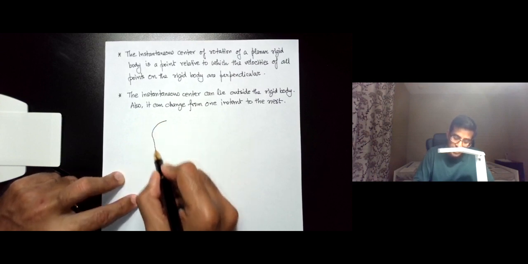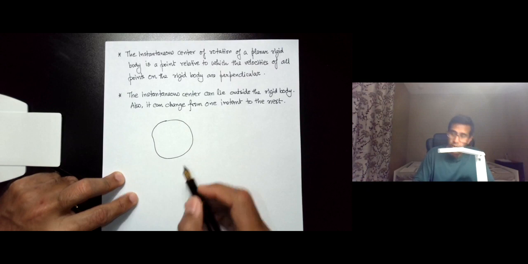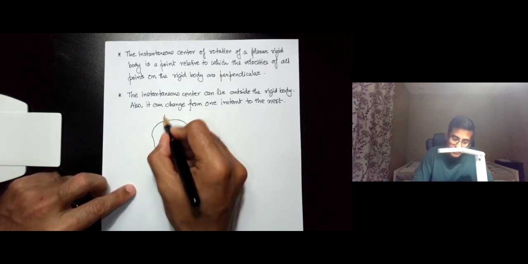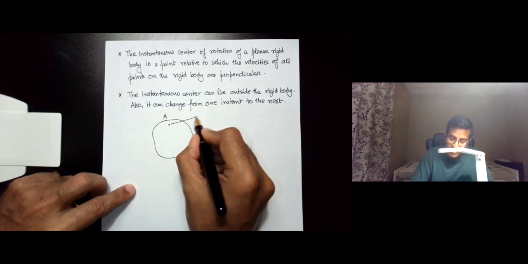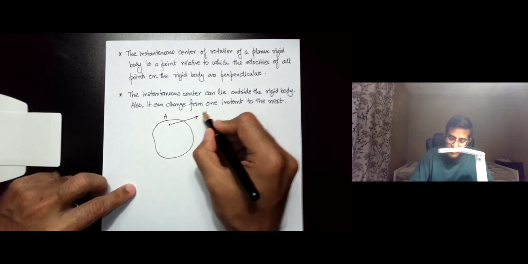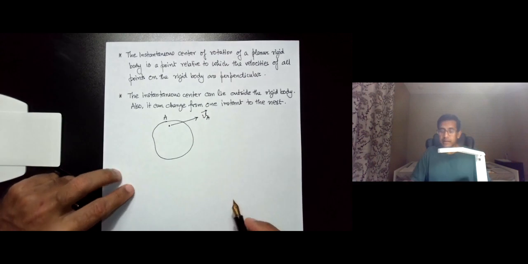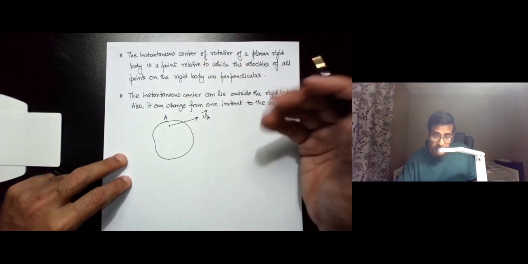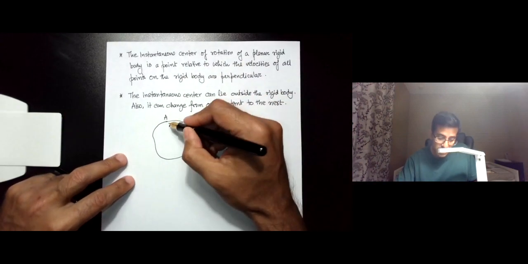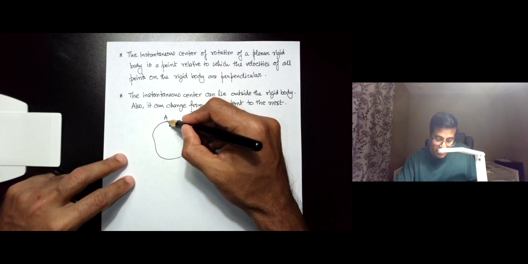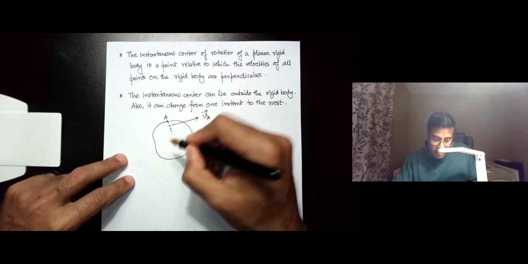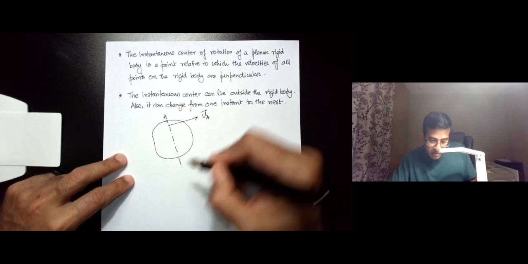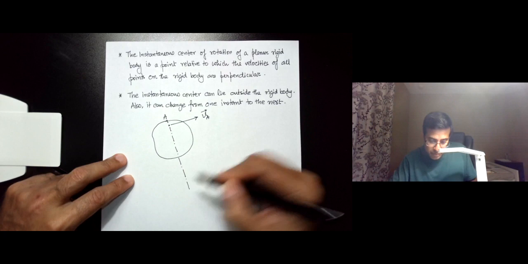So if I consider a planar rigid body, and let's say there is a point A and it has a velocity VA, and let's say that the rigid body does have rotations, then the instantaneous center is going to be on a line that is perpendicular to VA.